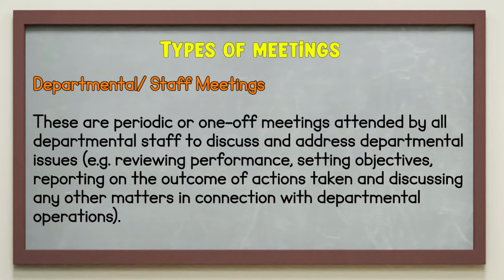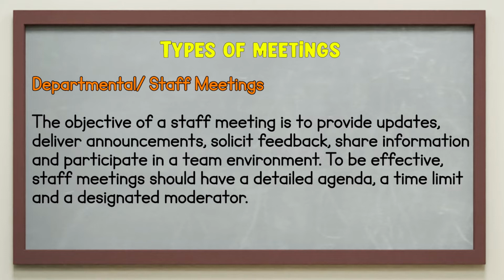For example, reviewing performance, setting objectives, reporting on the outcome of actions taken, and discussing any other matters in connection with departmental operations. The objective of a staff meeting is to provide updates, deliver announcements, solicit feedback, share information, and participate in a team environment. To be effective, staff meetings should have a detailed agenda, a time limit, and a designated moderator.